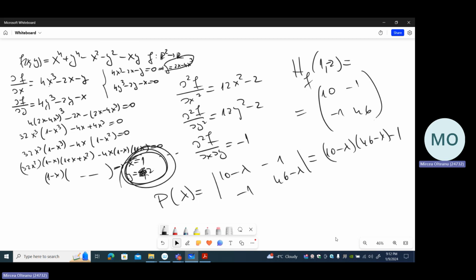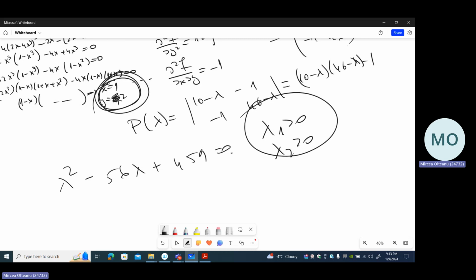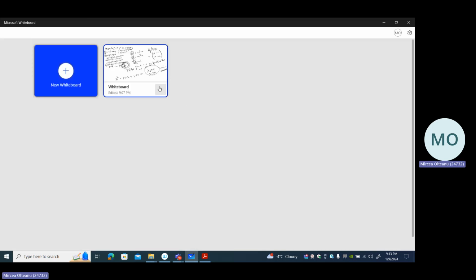And now the sign of the roots of this quadratic equation, which is lambda squared minus 56 lambda plus 459 equals 0. As we can see, both eigenvalues are positive, so the given critical point is a local minimum.